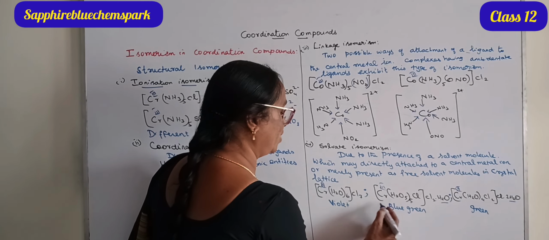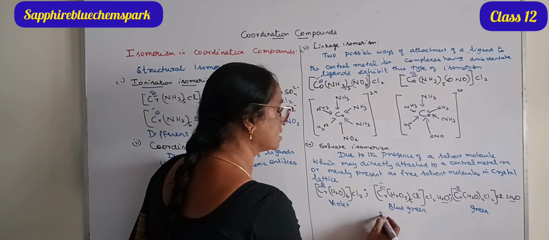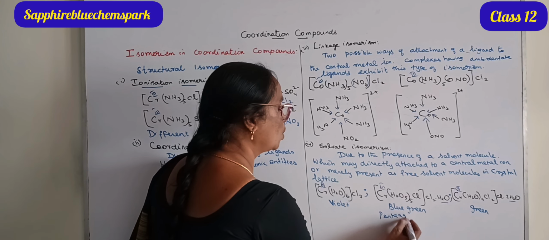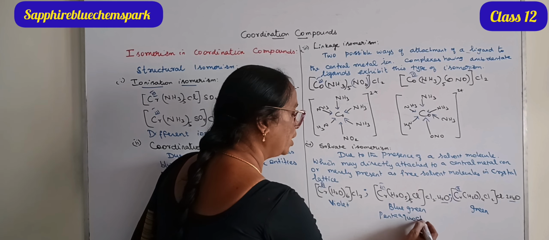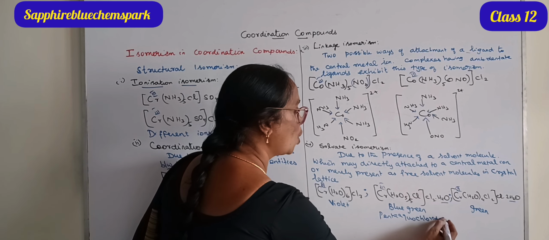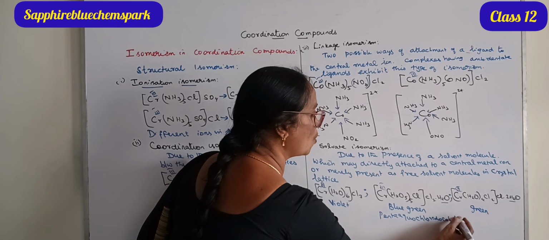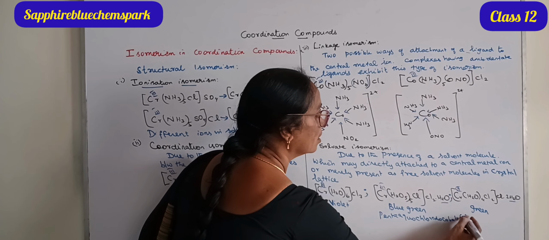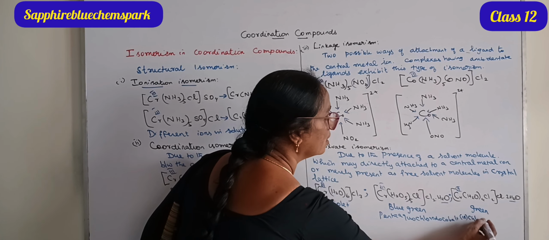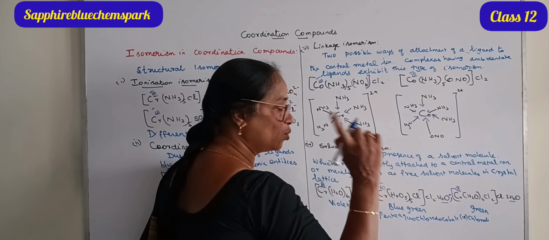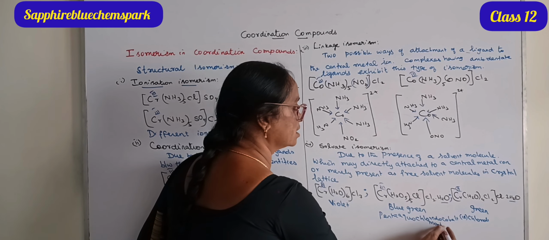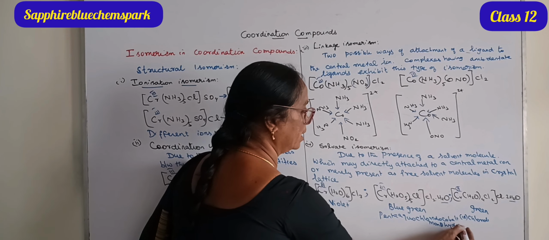So for this we can write the name of the complex, pentaaquachloridochromium. It is a positive complex, that's why it is chromium(III) chloride. How many water molecules does it have? One water molecule, so it is monohydrate.